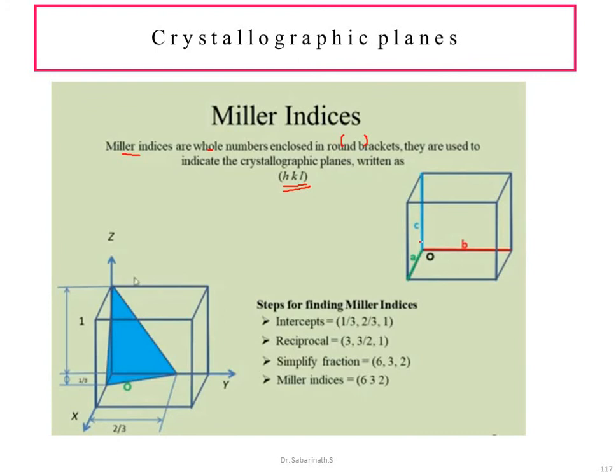Imagine a cube like this, where this is the origin, and the intercepts A, B and C are the distances along the x, y and z axes. The steps for finding can be written like this.